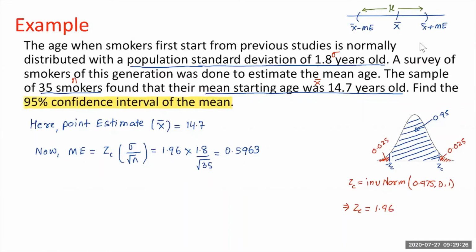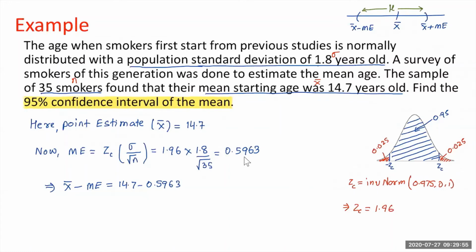So in the next step, we are going to calculate those two values. Let's do minus first. Mean minus margin of error is equal to the mean, or the point estimate, 14.7, minus the margin of error, which we just obtained here, 0.5963.